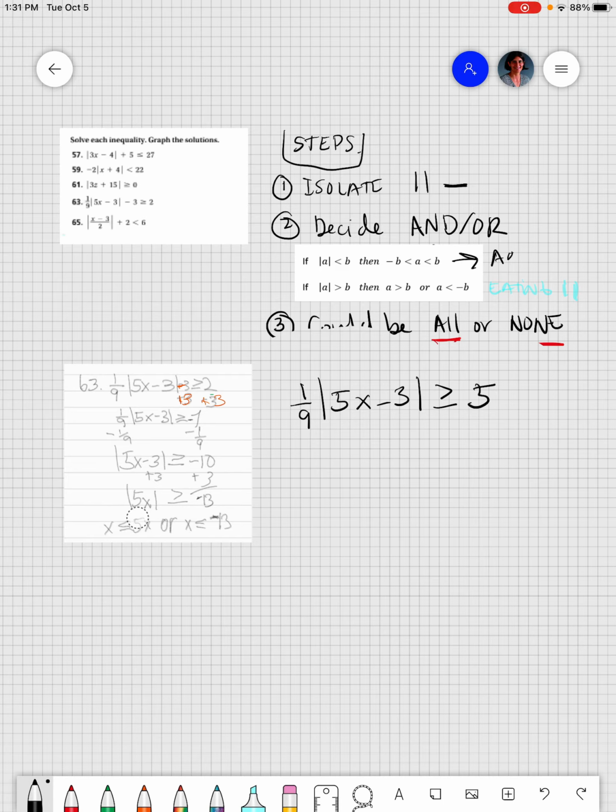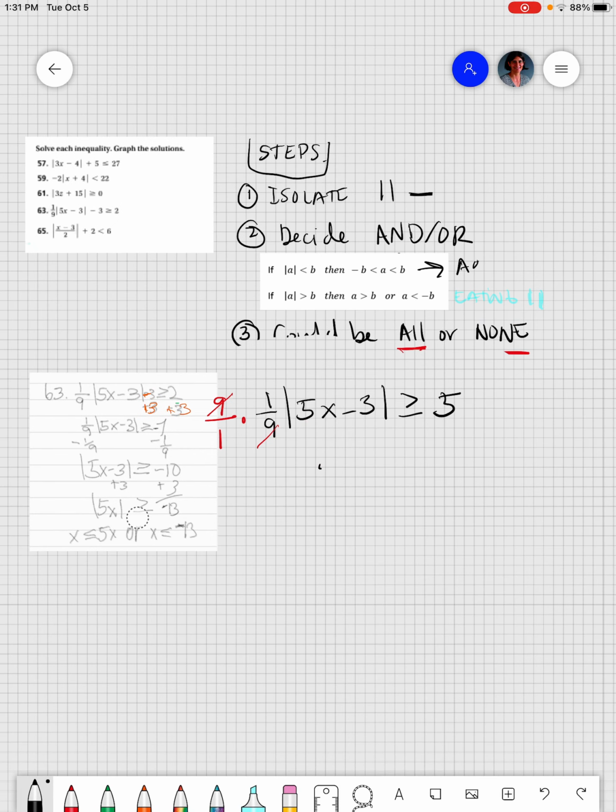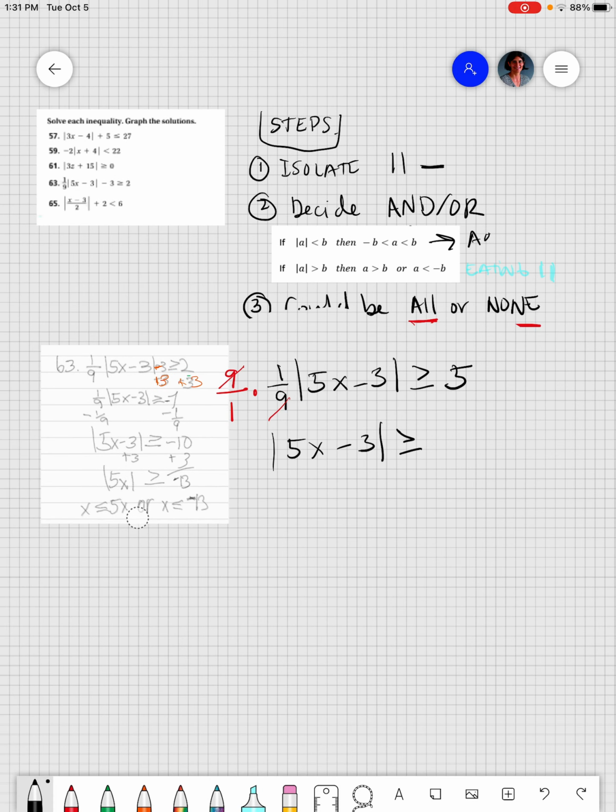Now, when I see multiplication by 1/9, I want this to be 1 on this side. If I multiply by the reciprocal, that gets rid of the 9, because 9 divided by 9 is 1. So I'm just left with the absolute value of 5x minus 3. We have to multiply both sides by 9. Can't treat it differently. So now we have 45.